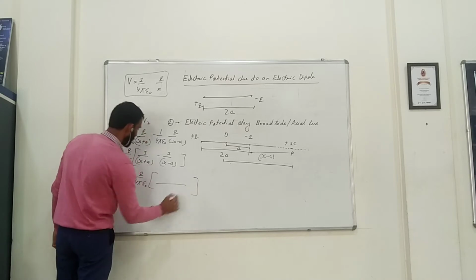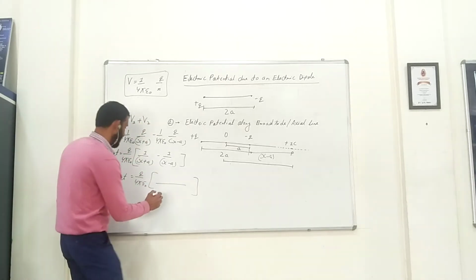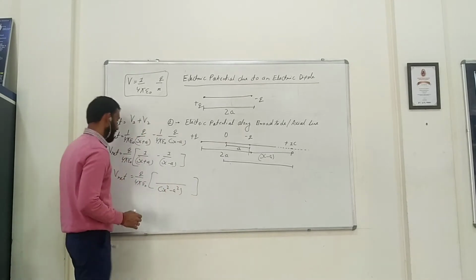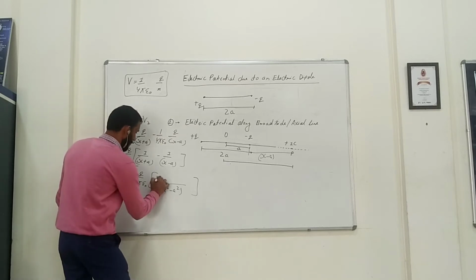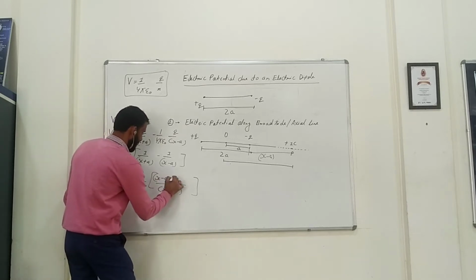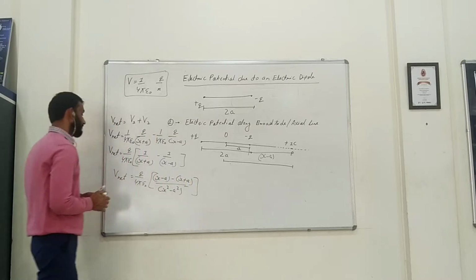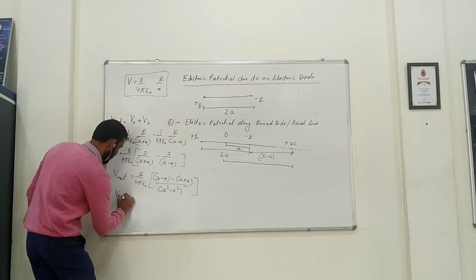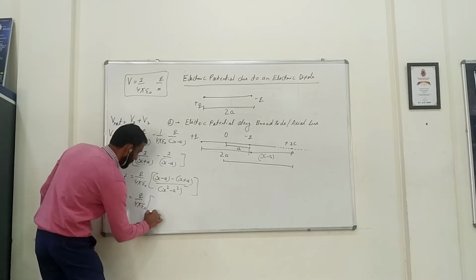We take the LCM, x plus a times x minus a, which is x square minus a square, and then above it will come x minus a minus x plus a. Solve it. V net will be Q upon 4 pi epsilon naught.